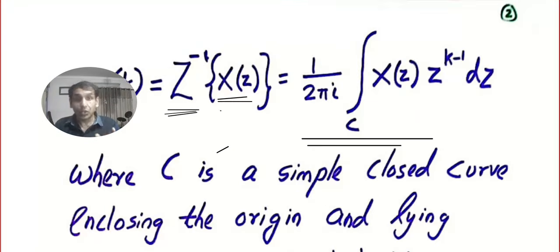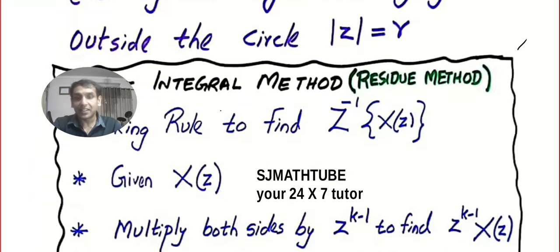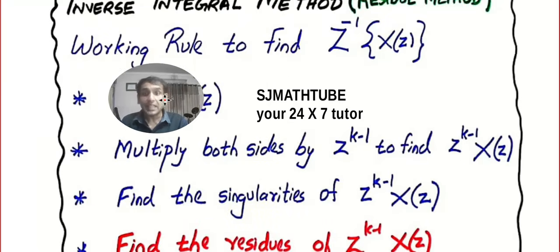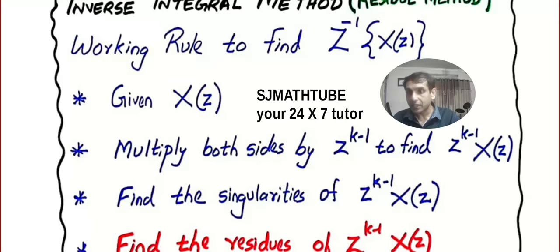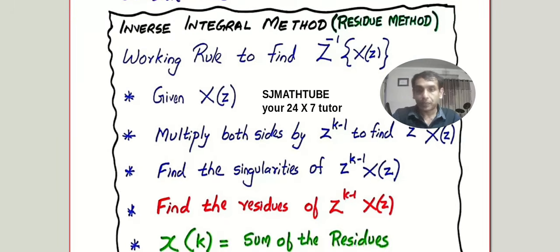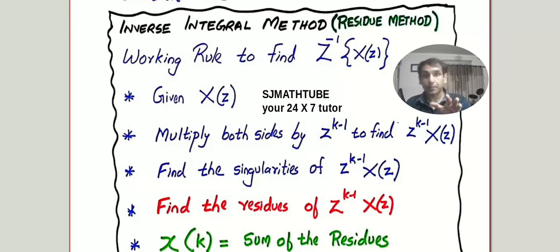Anyway, don't get worried by looking at this integral. I have a very easy method for you. Again, I'll minimize the screen. So take a print screen. And if possible, you can keep a printout also. Just follow this working rule and you'll be able to solve most of the problems in which you want to calculate Z inverse.